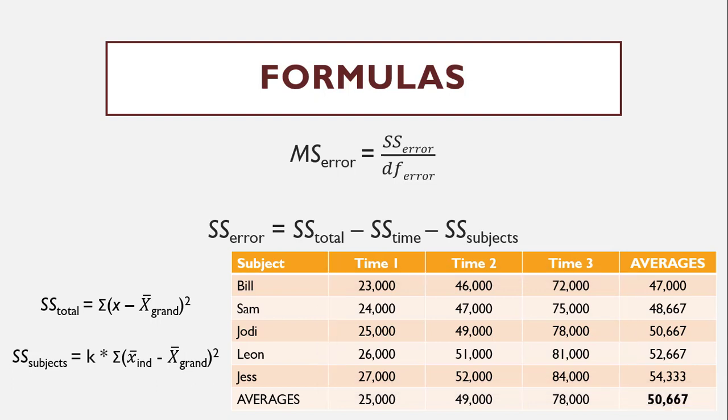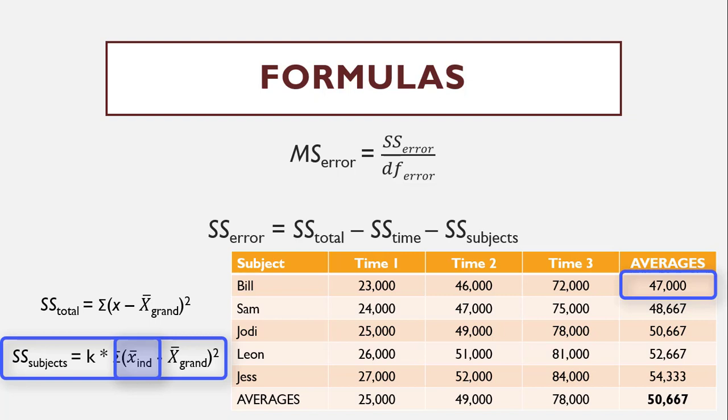We're then going to subtract time, so the sum of squares time that we got in the previous slide, and we're going to subtract the variability that's due to the subject. So to get the variability that's due to the subject, what we're going to look at is each individual's average. So Bill on average, if you look at 23,000 plus 46,000 plus 72,000, divide that by 3, so you get the average for Bill. His average salary is 47,000.